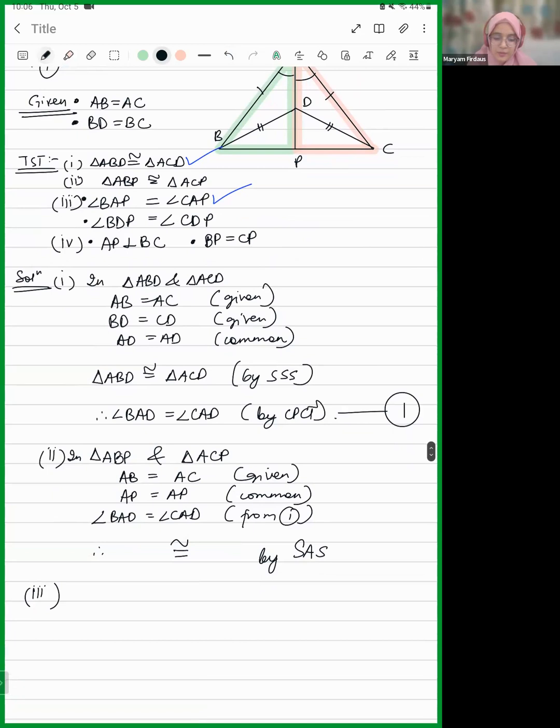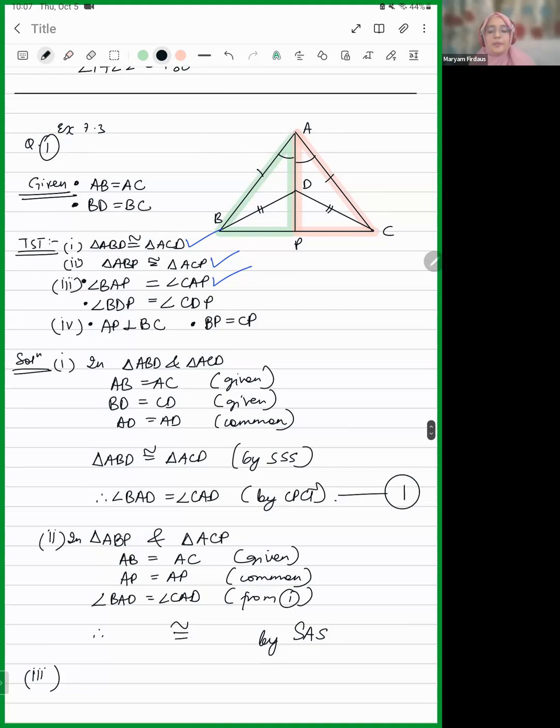So in this, we have proven this also. The third one says, prove that angle BAP is equal to angle CAP, this top angle, which we have already proven.